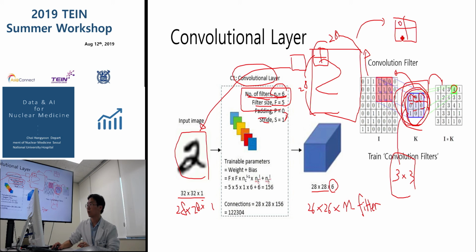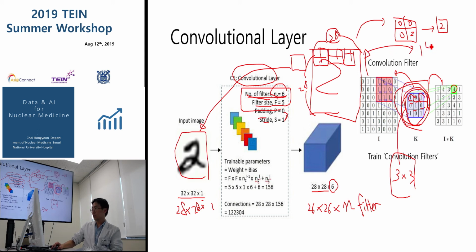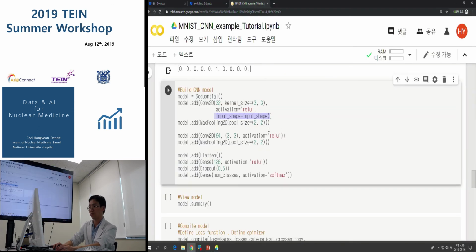For example, if 2 by 2 pixels have such numbers, then the max pooling layer just generates an output like this one. So max pooling will reduce these 28 by 28 images to 14 by 14 images. So this will reduce the training parameters after using these max pooling or min pooling layers.